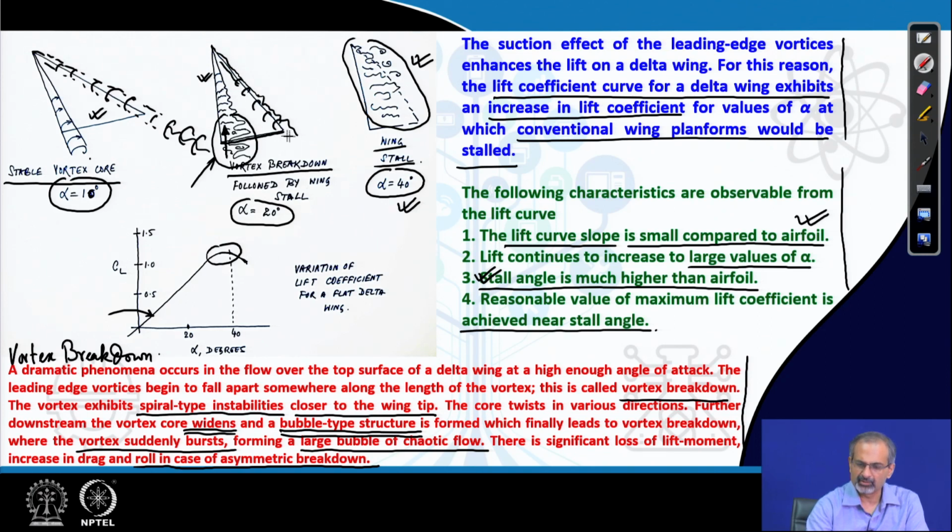And if the breakdown is not happening in a symmetric manner about the two edges, then there could be a tendency for the wing to develop a roll to a particular side, and this effect may start from an earlier angle of attack. It is not at the wing stall angle, but it can happen earlier.